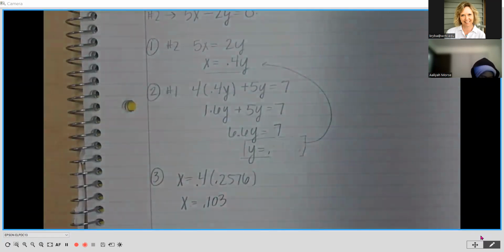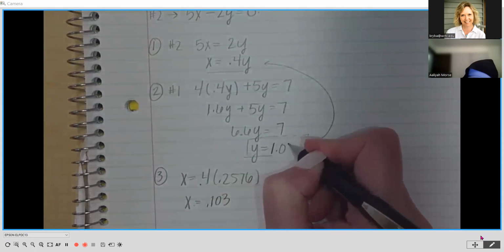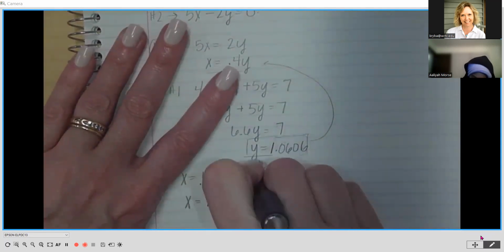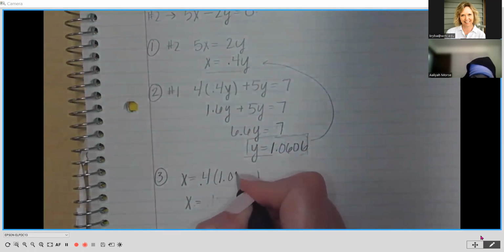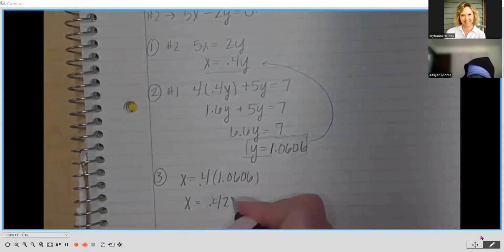I went the opposite way, didn't I? Yeah, 7 divided by 6.6. That's what I'm looking for. I was thinking, wait a second, this isn't the right number. 1.0606. There we go. Those are the numbers I'm looking for.